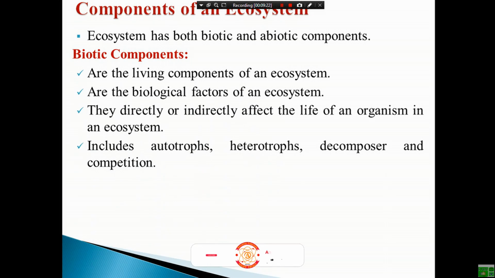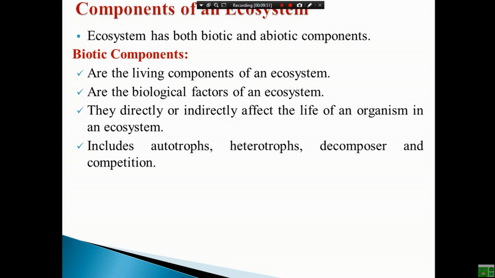So these biotic or biological factors are categorized into autotrophs, which are producers, green plants or algae, and heterotrophs, which are consumers: herbivores, omnivores, carnivores or scavengers, and the decomposers are bacteria and fungi. Finally, competitions are intraspecific or interspecific.